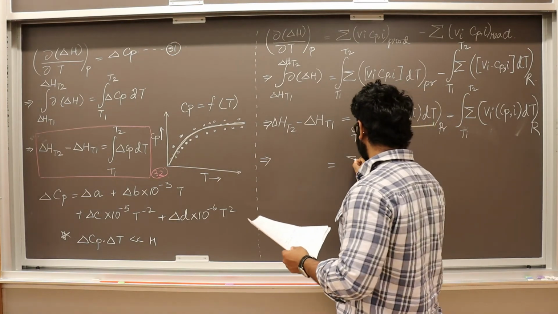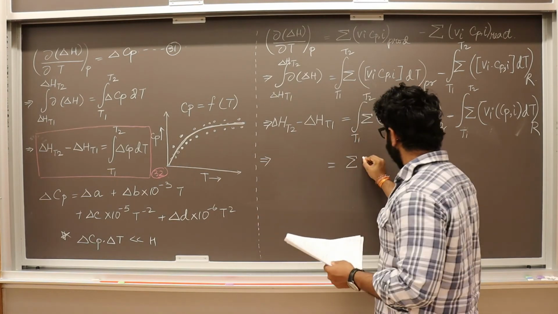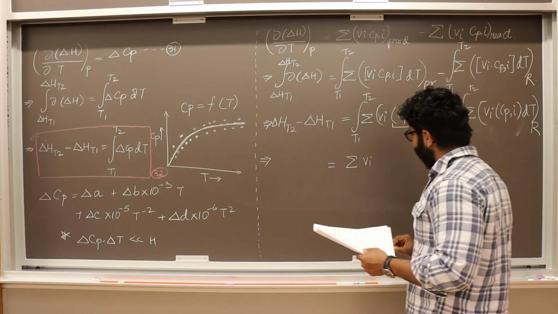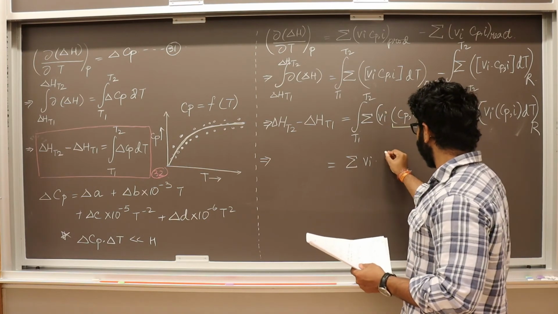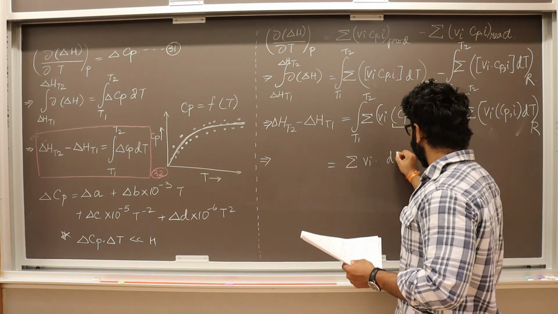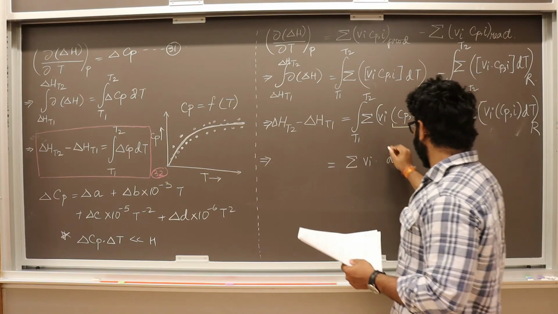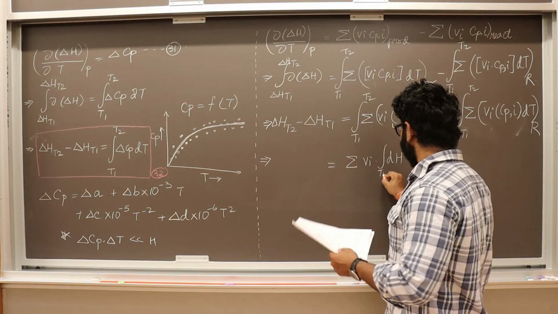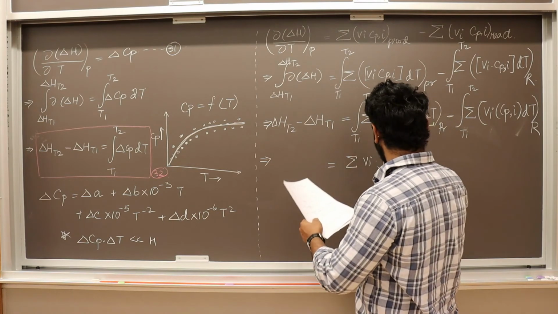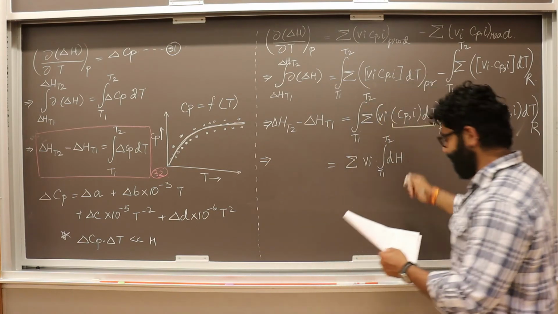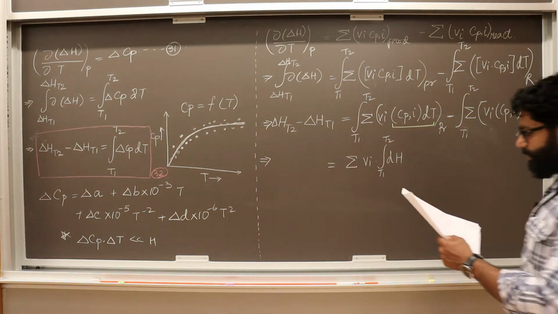So this becomes summation of Vi times dH from T1 to T2, like delta H is going from T1 to T2, right?